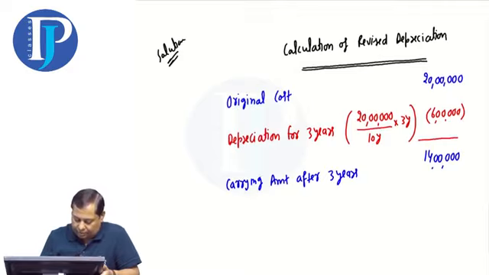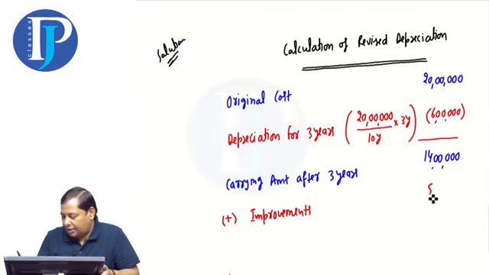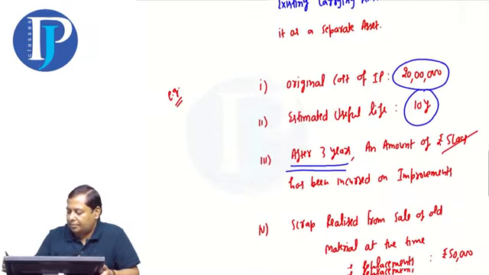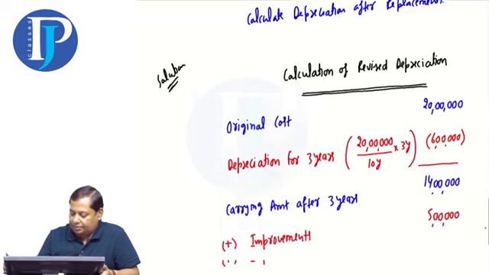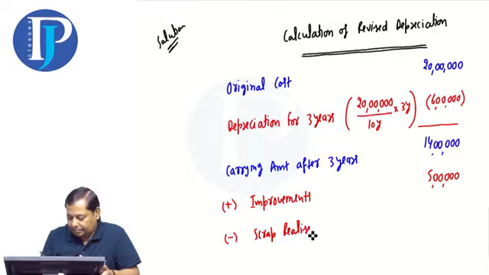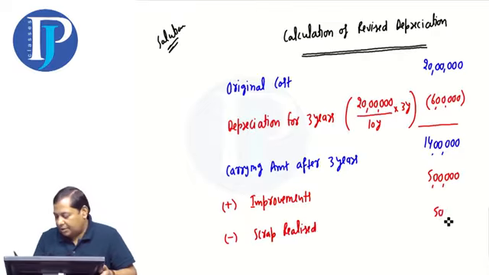Okay. I will add improvements. How many rupees of improvements have we made? We have made improvements worth 5 lakh rupees. And deduct 50,000, the scrap realized, which is worth 50,000 rupees.